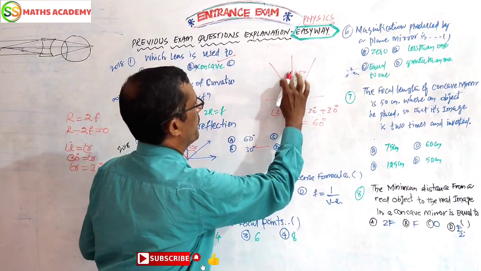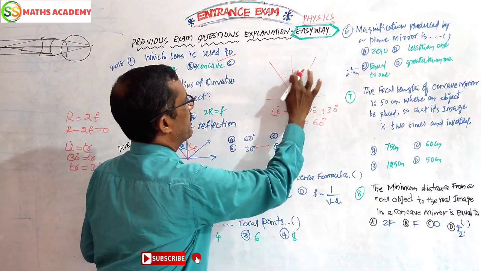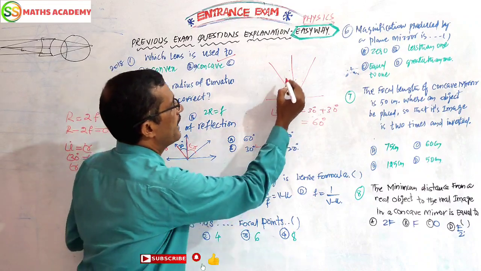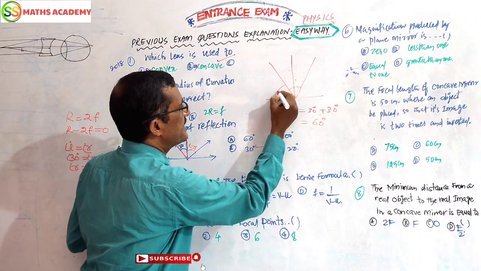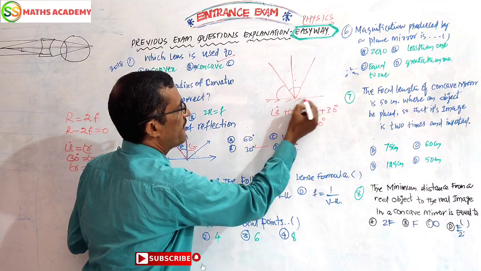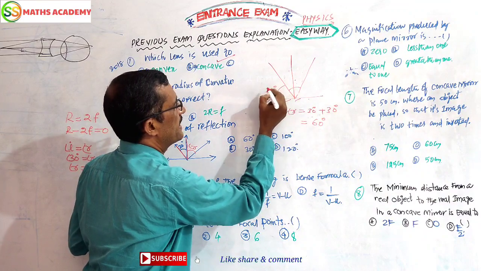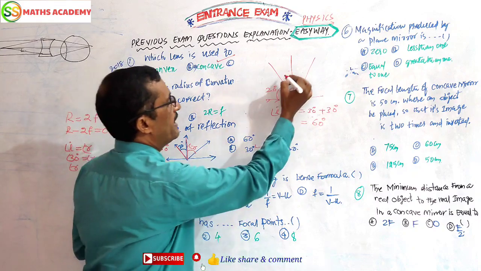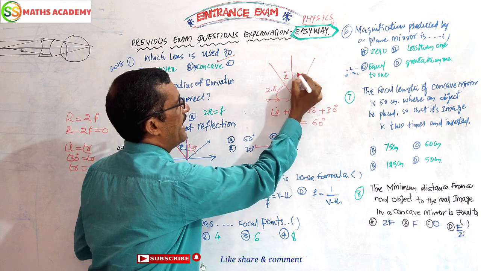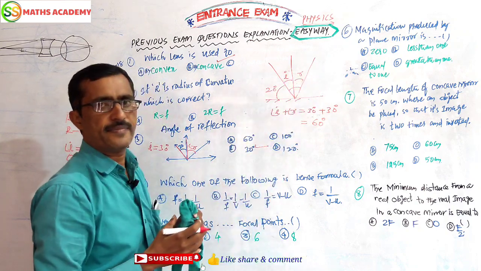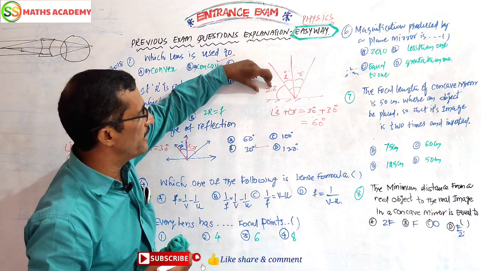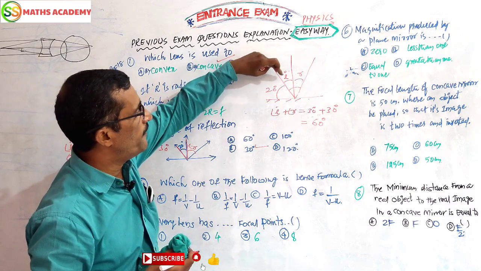Let me ask one more question. What kind of questions are coming? Suppose the angle between the incident ray and the plane surface is 20 degrees. What is the angle of incidence and what is the angle of reflection? They give the angle between the incident ray and the plane mirror as 20 degrees. So how do you find I?